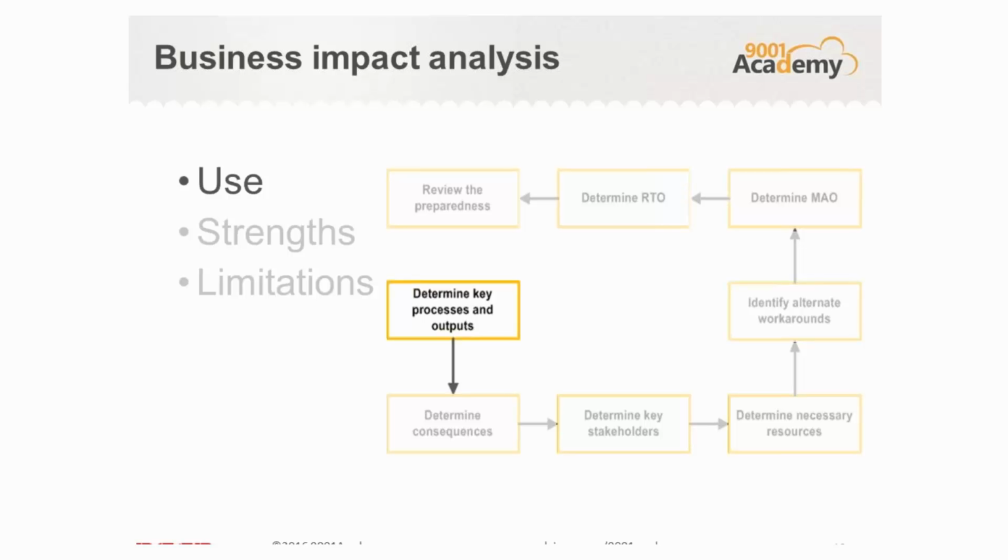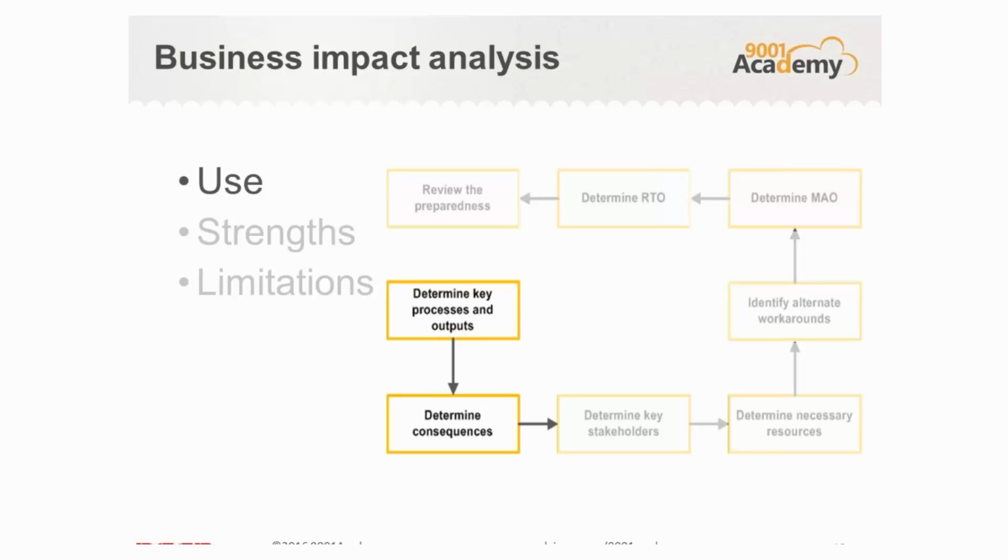So based on the risks and vulnerability assessment, identify the key processes and outputs of the organization and determine the criticality of the processes. Then the determination of consequences of disruption on the identified critical processes over defined periods.